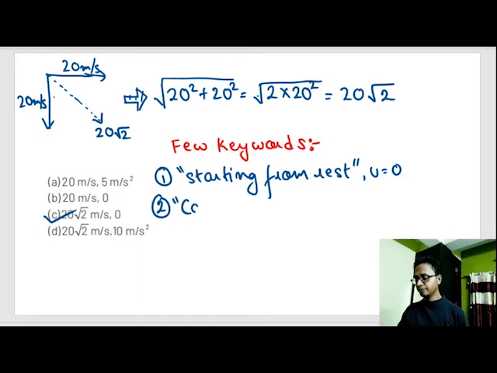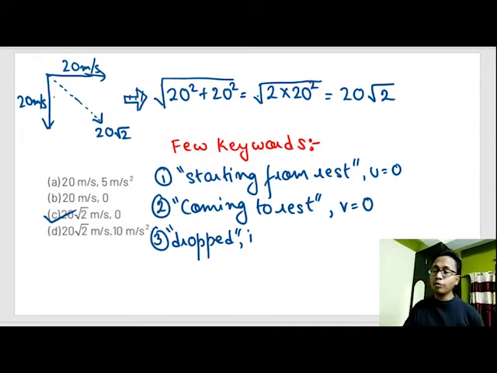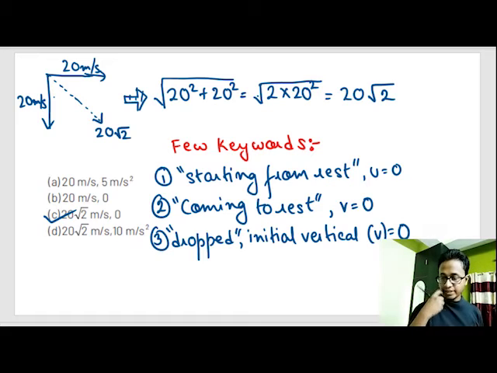Coming to rest means final velocity is equal to 0. And dropped means the initial velocity of the vertical component is equal to 0. Okay, these are the three keywords.